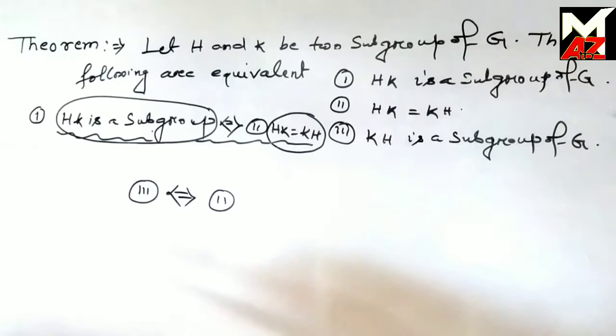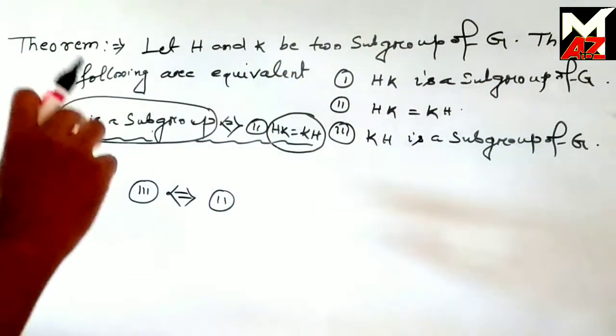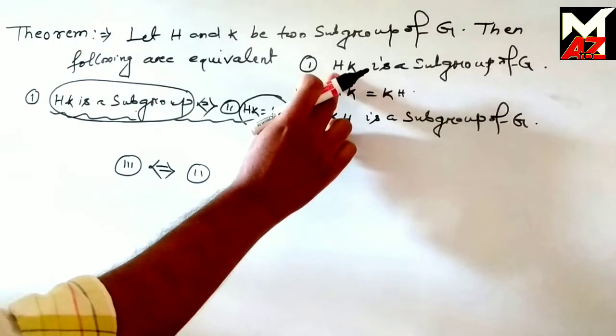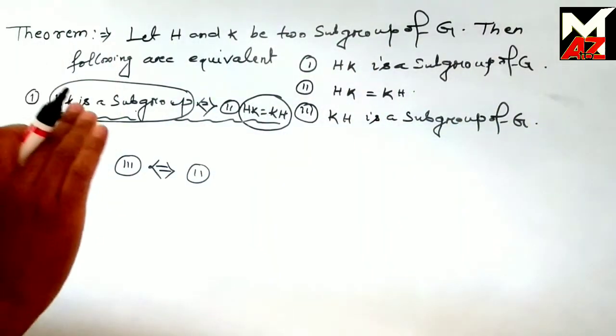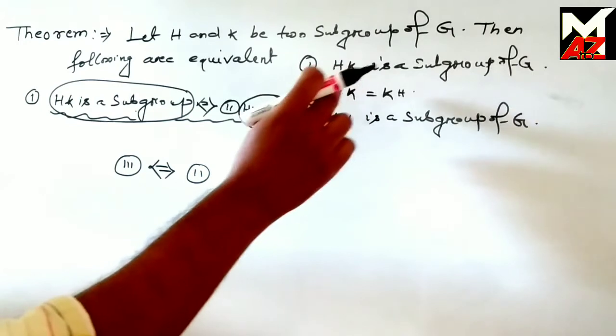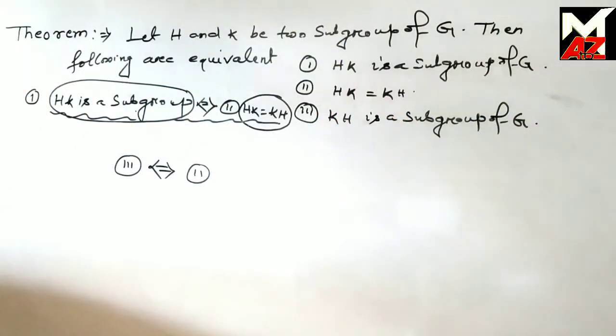So we say that these three relations are equivalent. This theorem can be stated as: HK is a subgroup of G if and only if HK equal to KH. Also we state it as KH is a subgroup of G if and only if HK is equal to KH.